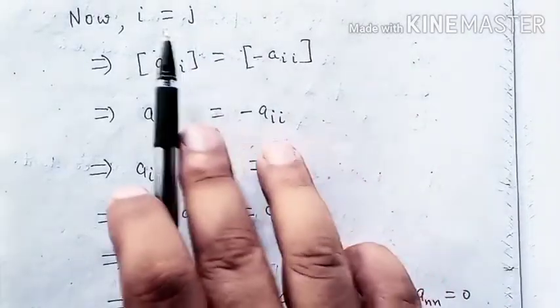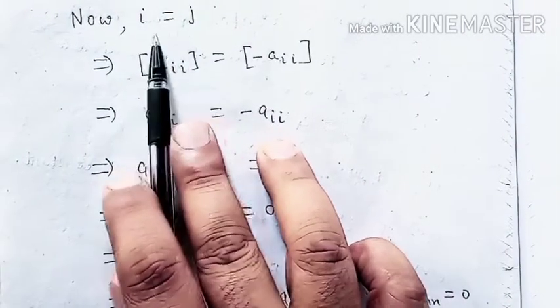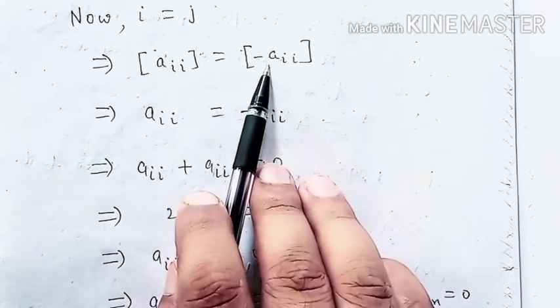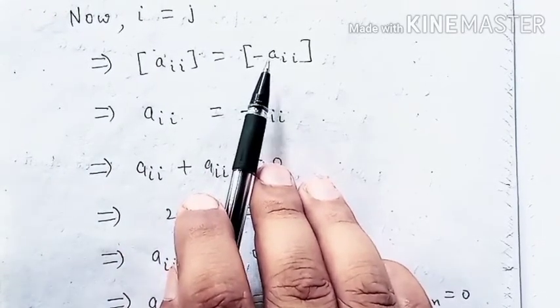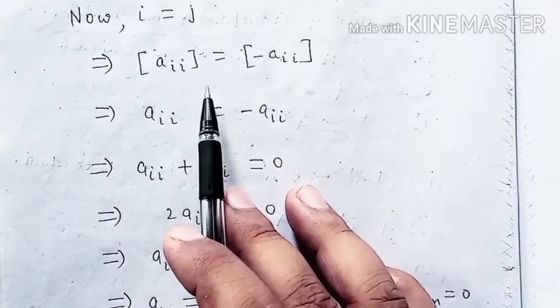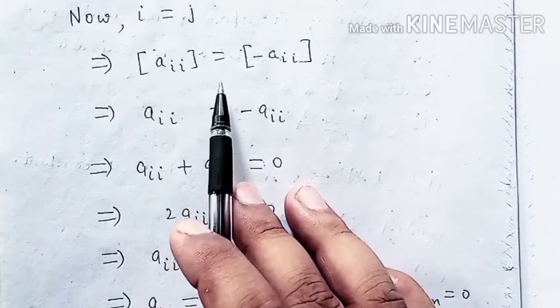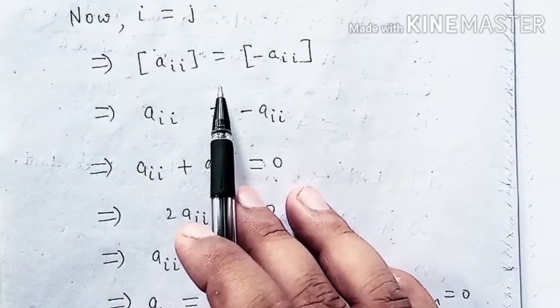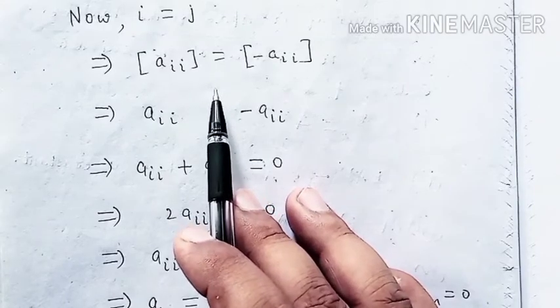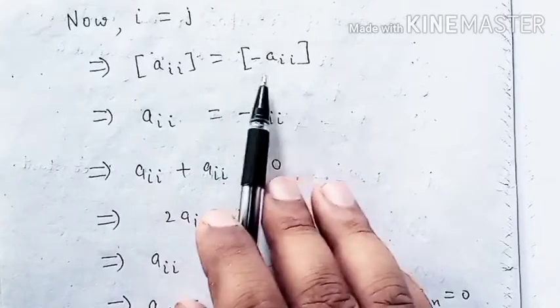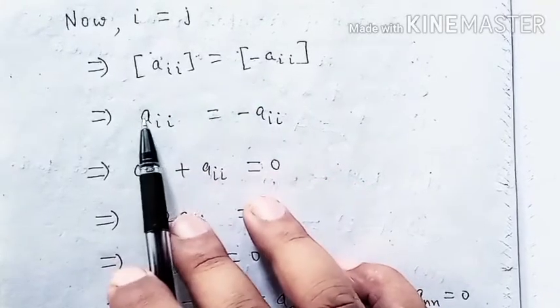Here, for diagonal elements i is equal to j, so Aii is equal to minus Aii, because we know that in case of skew symmetric matrix Aji is equal to minus Aij.